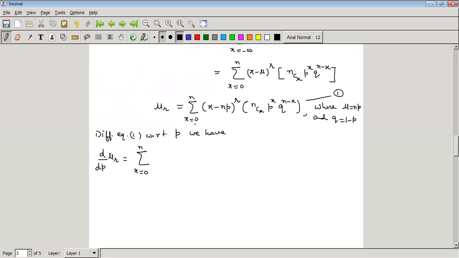So we can differentiate d by dp of (x minus np) to the power r into nCx into p to the power x into, we can write q as 1 minus p, to the power n minus x.